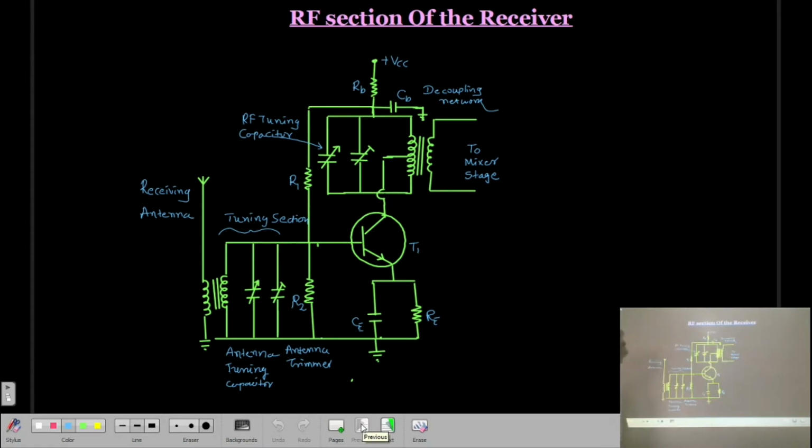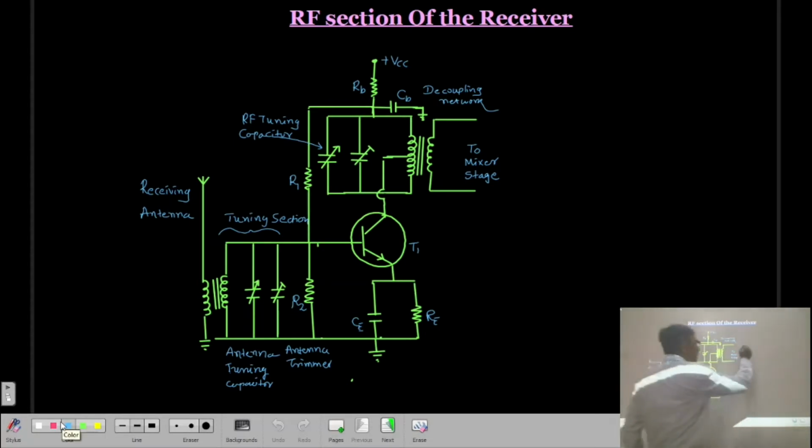Here you can see this circuit diagram of the RF section. In the RF section, we have an RF amplifier, and that is the input part, or the first block of a radio receiver. Basically, you can see it is nothing but a kind of tuned amplifier.